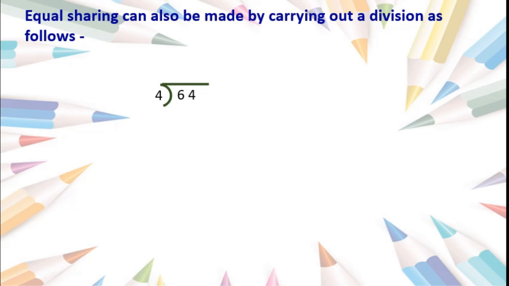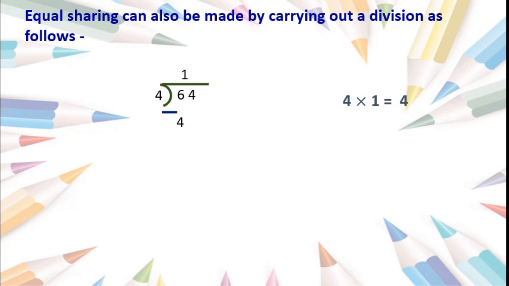Now we will recite the 4's table. 4 ones are 4, 4 twos are 8. But we have 6 in the tens place. So we have to use 4 ones are 4, isn't it? So we will write 1 above 6. So 4 ones are 4, we will write.